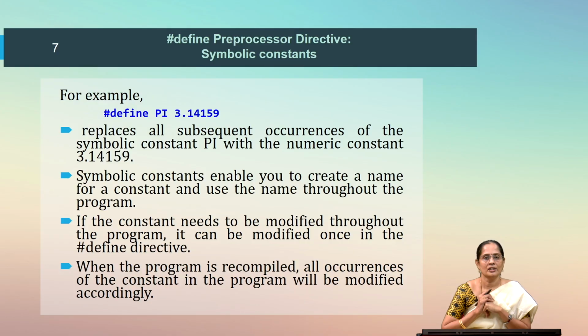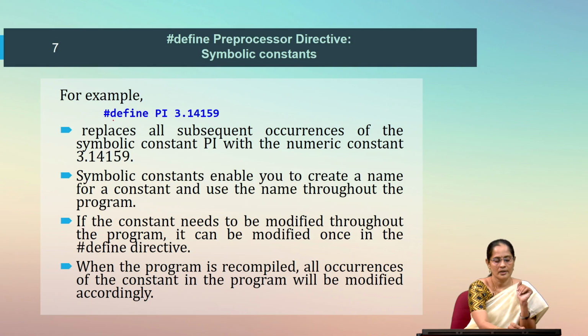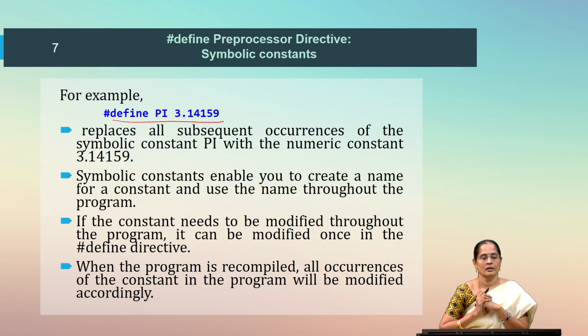The example is given here: hash define pi 3.14. Here we are not supposed to use the equal to operator, otherwise it becomes an assignment operation. Here the operation has to be done before compilation, so we are not supposed to use an assignment statement. So, the compiler will replace the places where the symbol pi is used with the value 3.14.